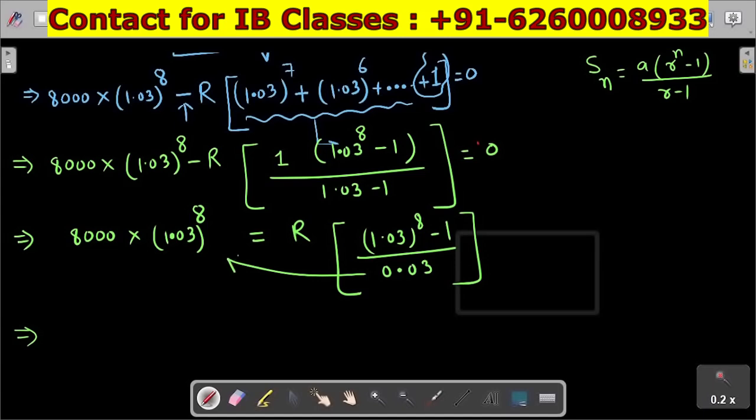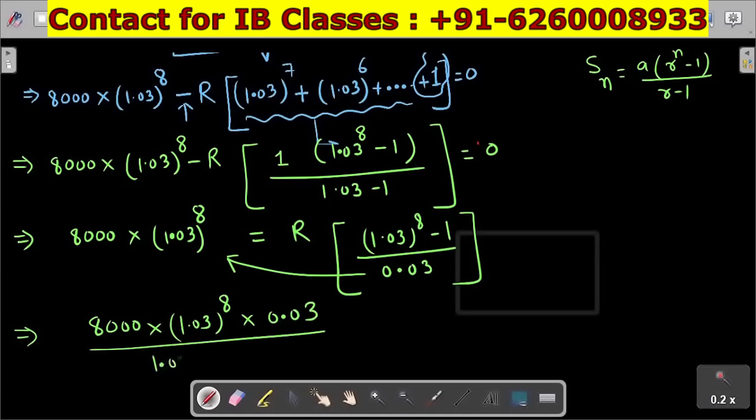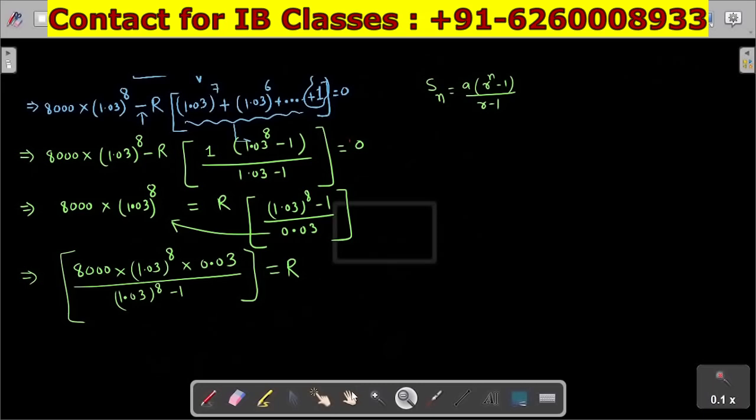We will shift this to the other side, so this will become 8,000 into 1.03 raised to power 8 into 0.03 upon 1.03 raised to power 8 minus 1. So this will give me the value of r, and this completes our question.